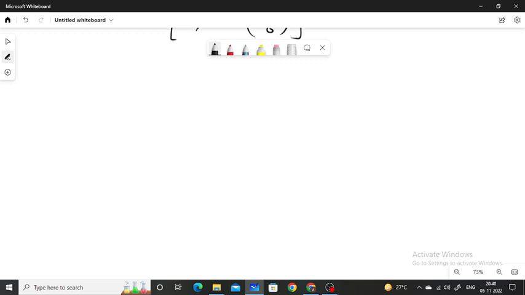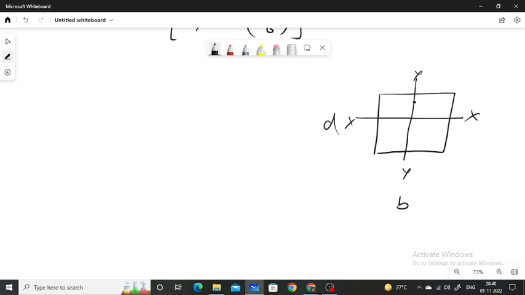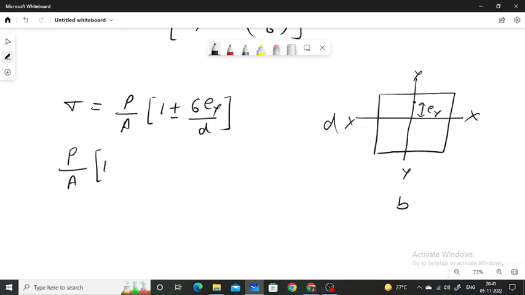Similarly, if the eccentricity is given from the x-axis, in that case we know that the total stress will be equal to P/A (1 plus minus 6Ey upon d). For no tensile stress about any point of the cross section, this total stress should be greater than or equal to 0.